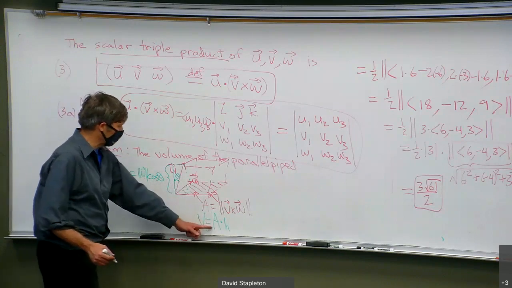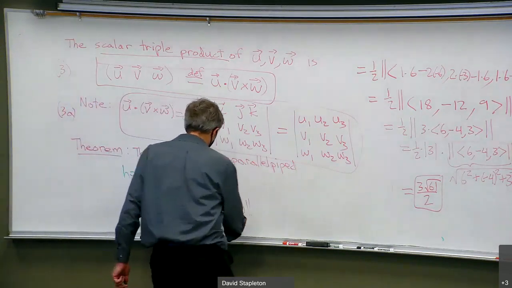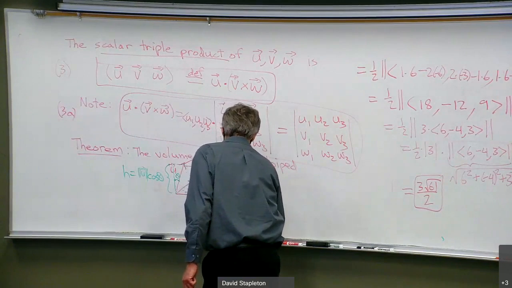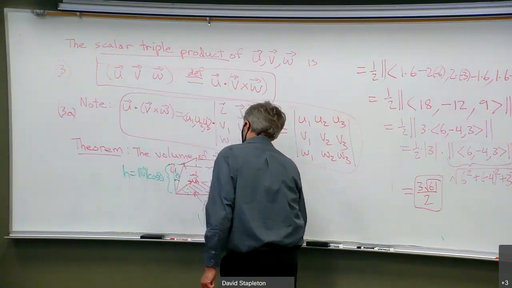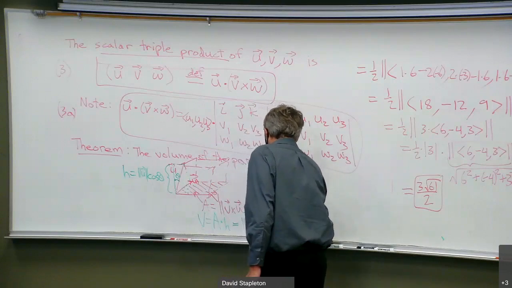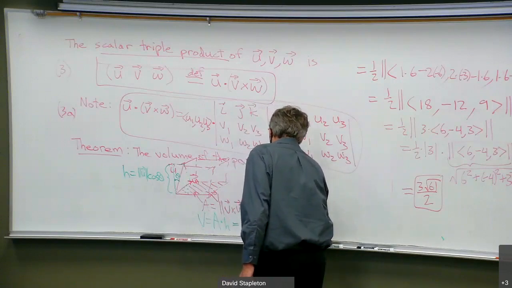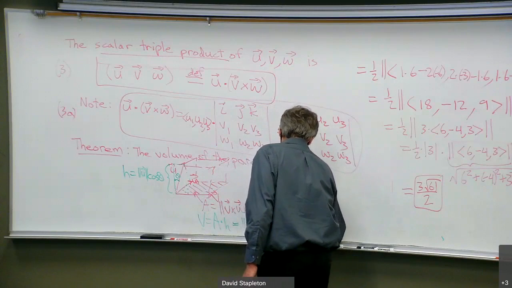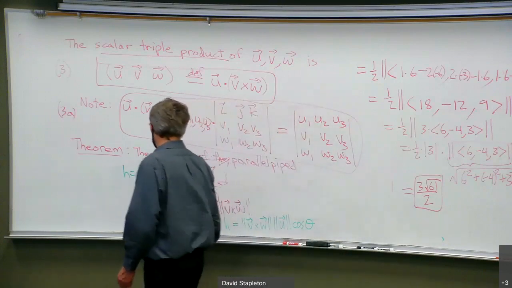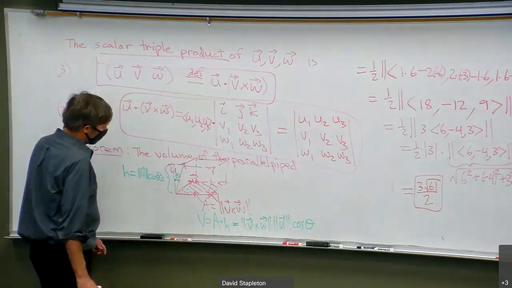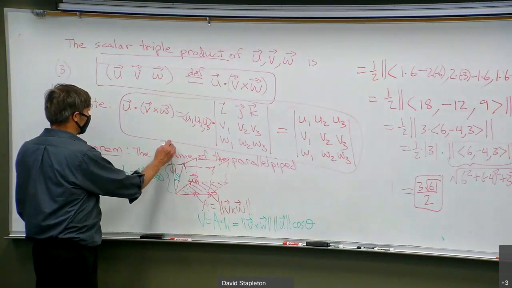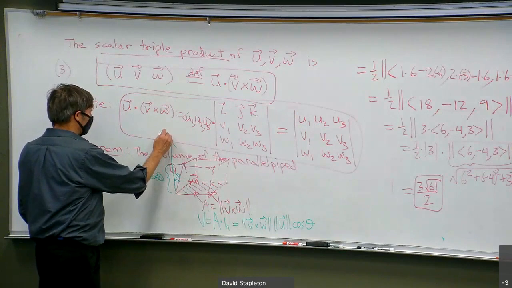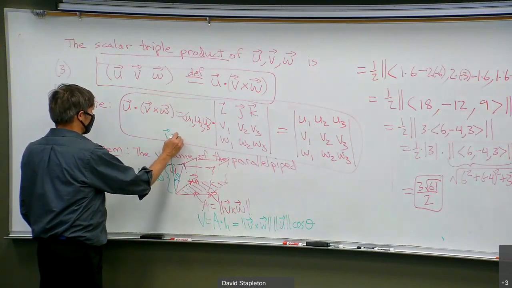And if you take the area of the base times the height to get the volume, you get the length of v cross w times the length of u times cosine theta, where theta is actually the angle between u and v cross w. This is actually the direction. I need to write this down before, I'm sorry I didn't. But the direction of v cross w is up here somewhere.